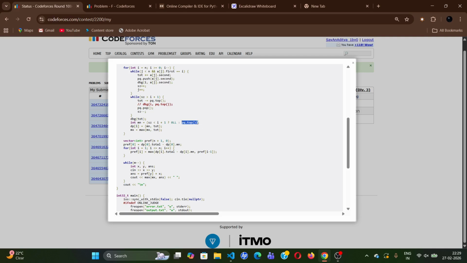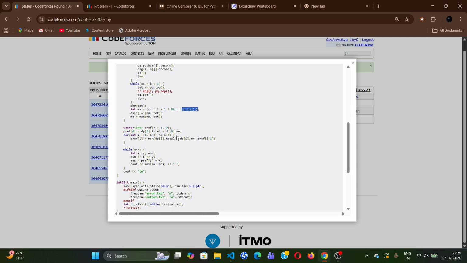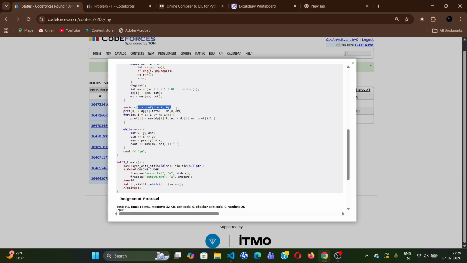Otherwise we will take pq.top, the minimum contribution from the elements, and we're just taking the maximum of them and putting it in dp[i]. Then prefix is to make the whole thing like a prefix maximum. In this way we're creating a gap, like we can put a value in that position.